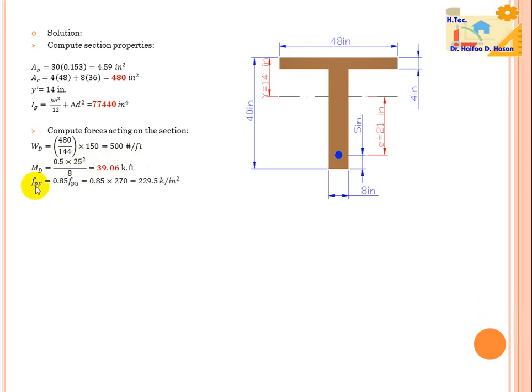Here the yielding stress equals 0.85 of the ultimate stress of the pre-stressing steel.